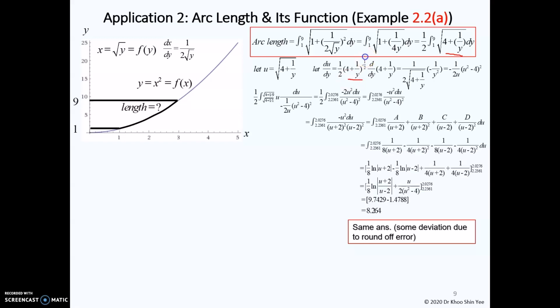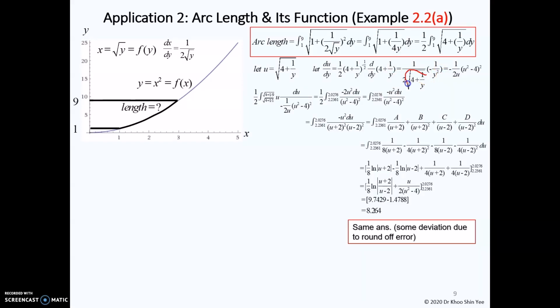Since this term is in the power of negative 1 over 2, then you can put it in the bottom here. Differentiate 4, which is the constant, gives you 0. Differentiate the y power of negative 1, then you need to multiply negative 1 in front. Negative 1 becomes negative 2. So this gives you negative 1 over y squared.